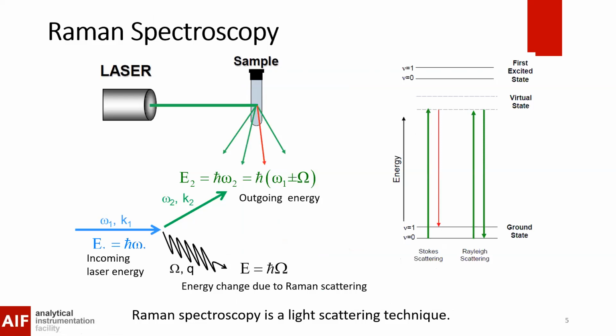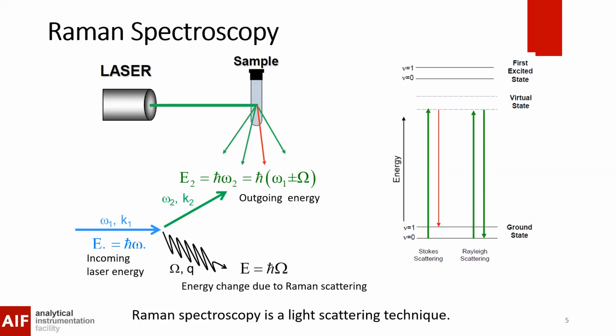So in short, Raman is a phenomenon of light scattering, and scattering is a change in the light direction induced by the sample. Scattering can also involve a change in the light frequency. If the incoming radiation and the solid do not exchange energy, that is called Rayleigh scattering.